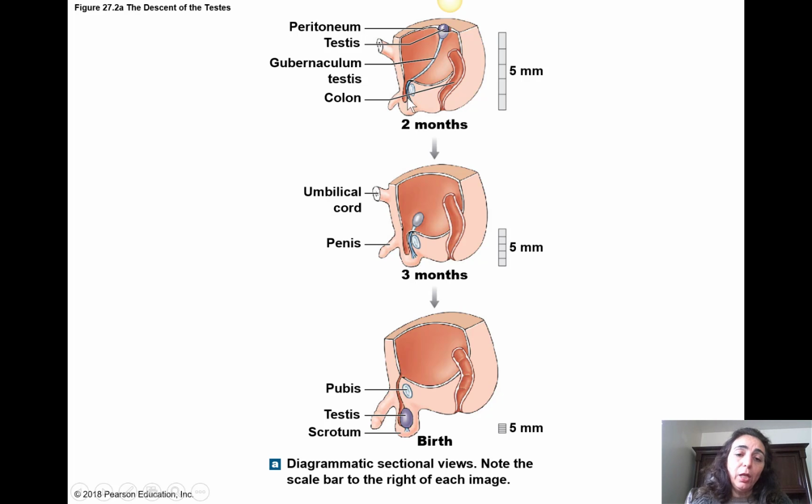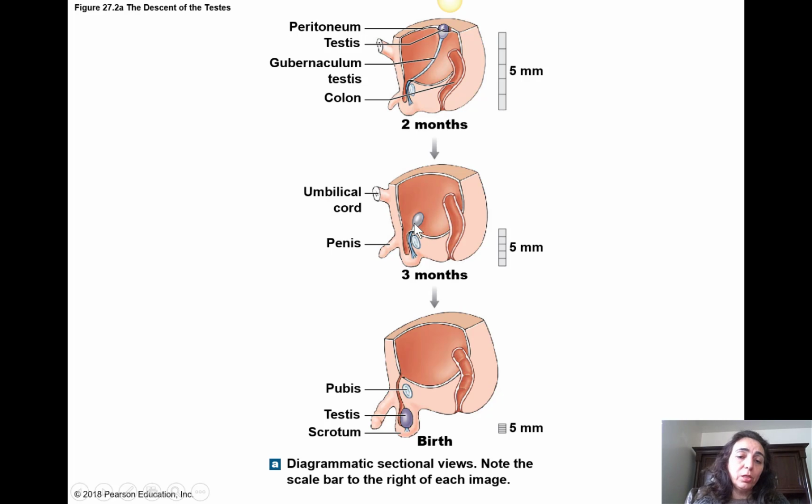Now it becomes 3 months, 1 month later, and the body of the embryo and fetus is developing. You see that the 5 millimeter scale now covers less than half, but the length of the gubernaculum that we had from the beginning is still 5 millimeters.